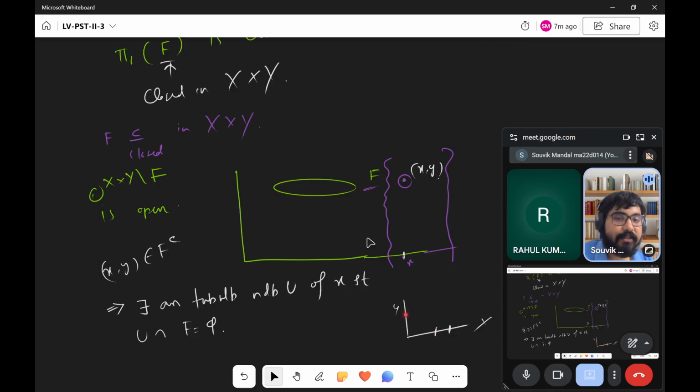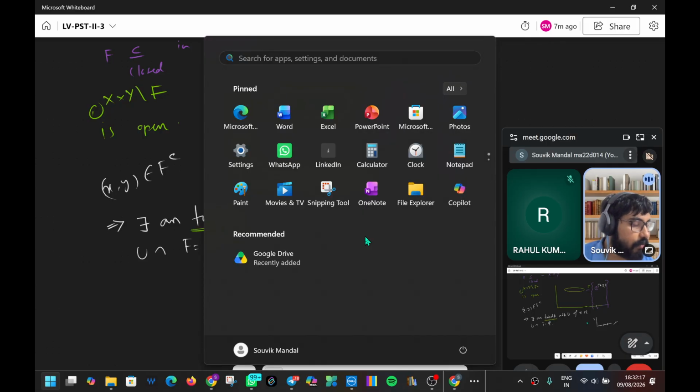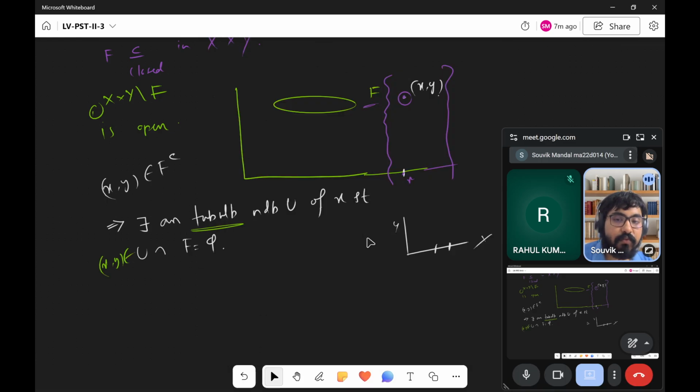So that is why the tubular neighborhood comes into the picture. It is just a neighborhood; tubular is just a term for convenience, a matter of picture only, with not much significance. Okay, so we shall get a tubular neighborhood around the point (x, y), so that U intersection F is empty.